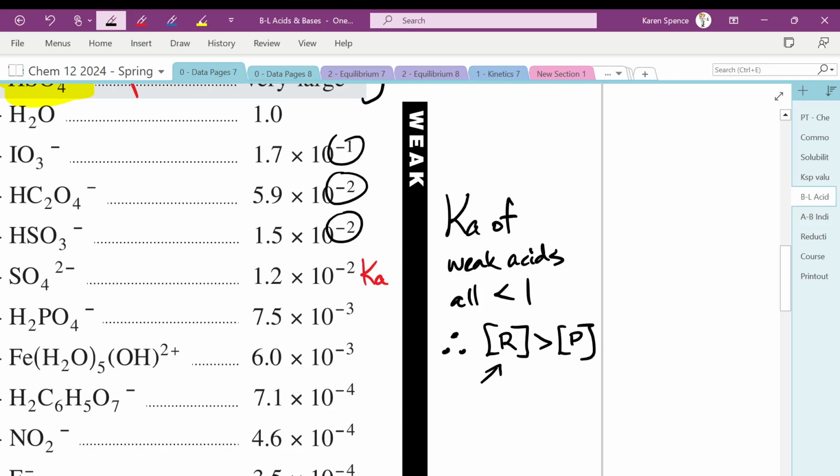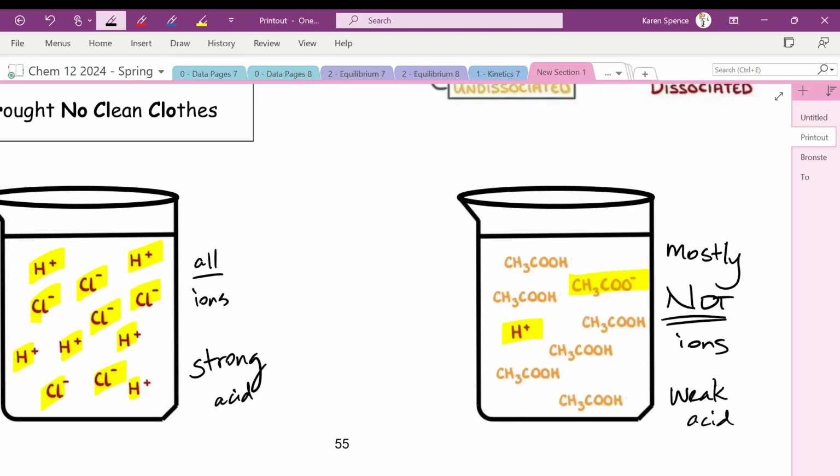And remember, the reactants are neutral and the products are ions. Yes? So what that's telling us is that the neutral things are more than the ions. All right? So if we go back here, you can see, oh, look, neutral things are more than ions.